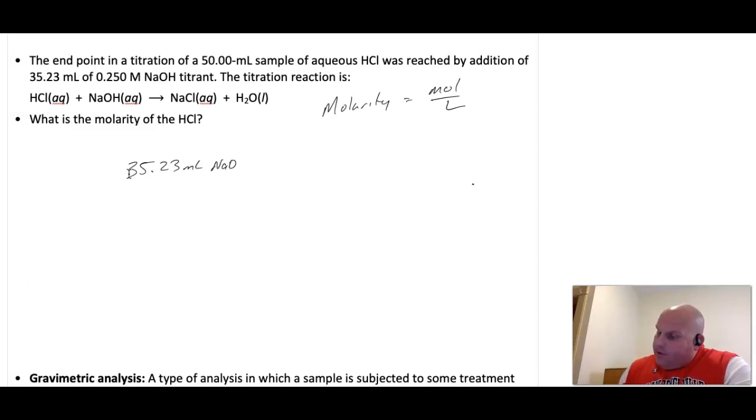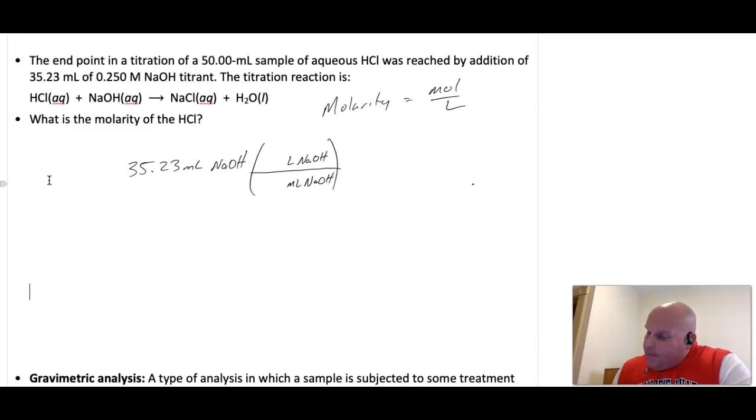We're first going to convert milliliters of NaOH actually to liters. So a quick metric conversion here, because molarity again is in moles per liter. So even though the volume was recorded in milliliters, we need to make sure we get that in liters. So just a quick conversion there.